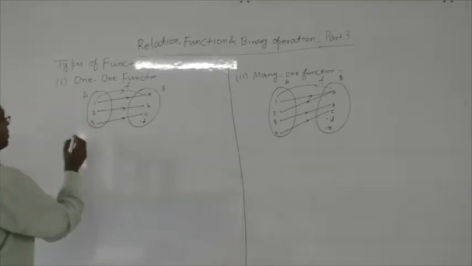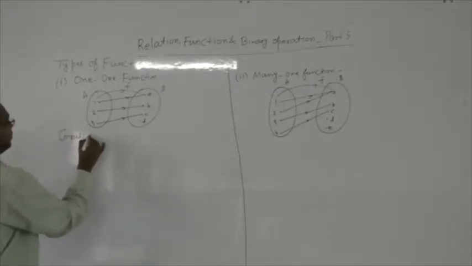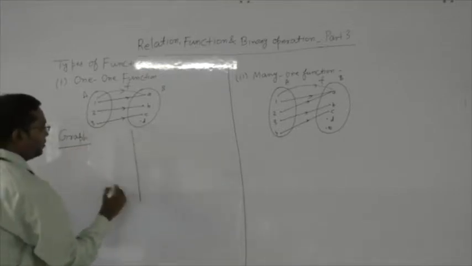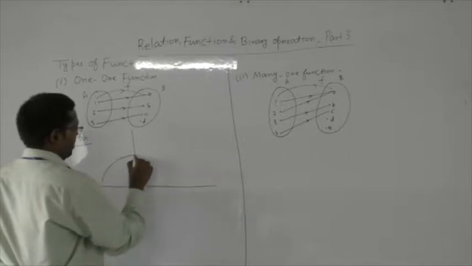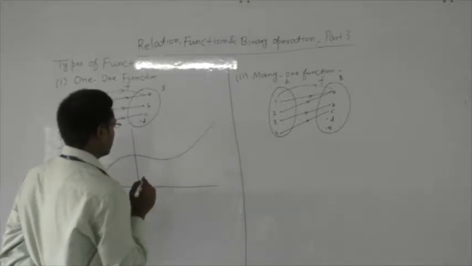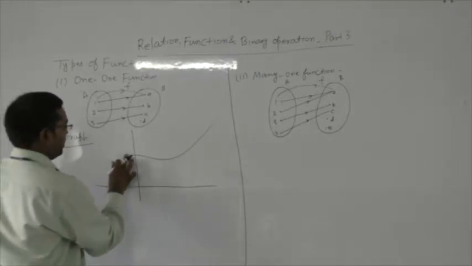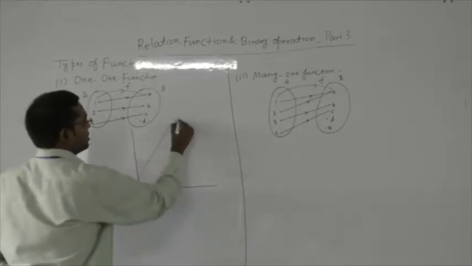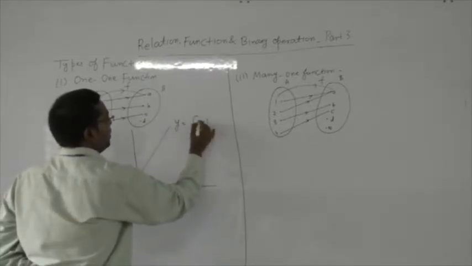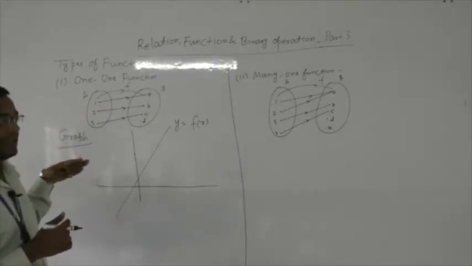Let's see what will be the condition for this. See the graph also. What is the graph? Suppose this is the function y equals f(x), with our x and y axes. If you take any horizontal line, it should cut the graph at only one point.